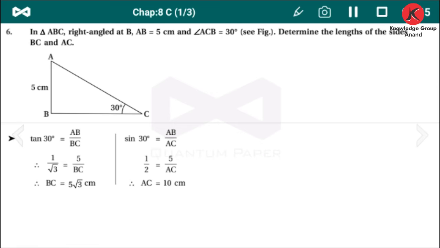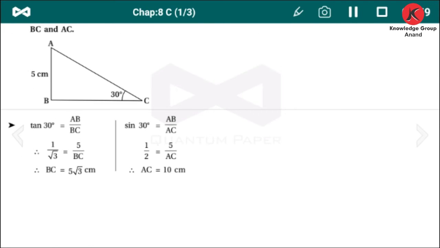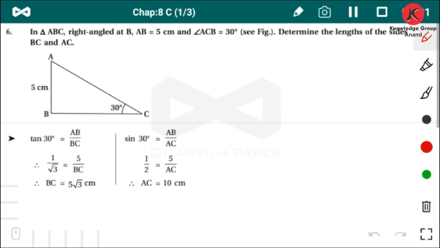You know all the values of sine, cos, tan, cot for the angles 0, 30, 60.